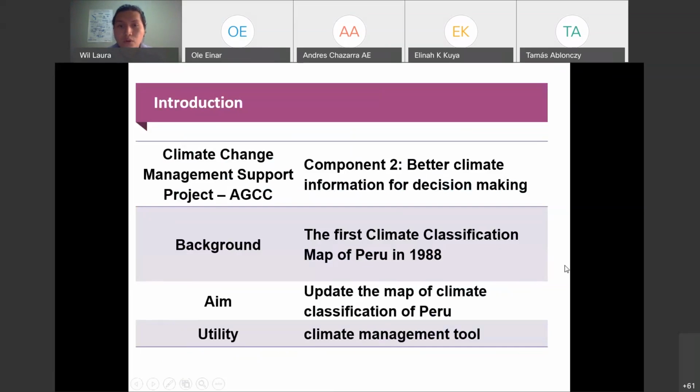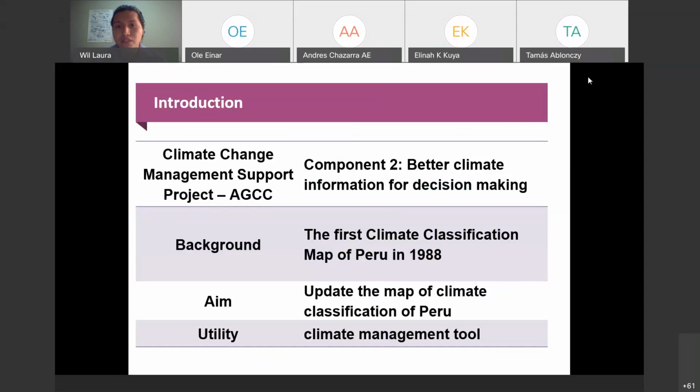So this work is framed in component 2 of this project to have better climate information for decision making. Well, the first climate classification map was developed in 1988, and until now it was the official map.